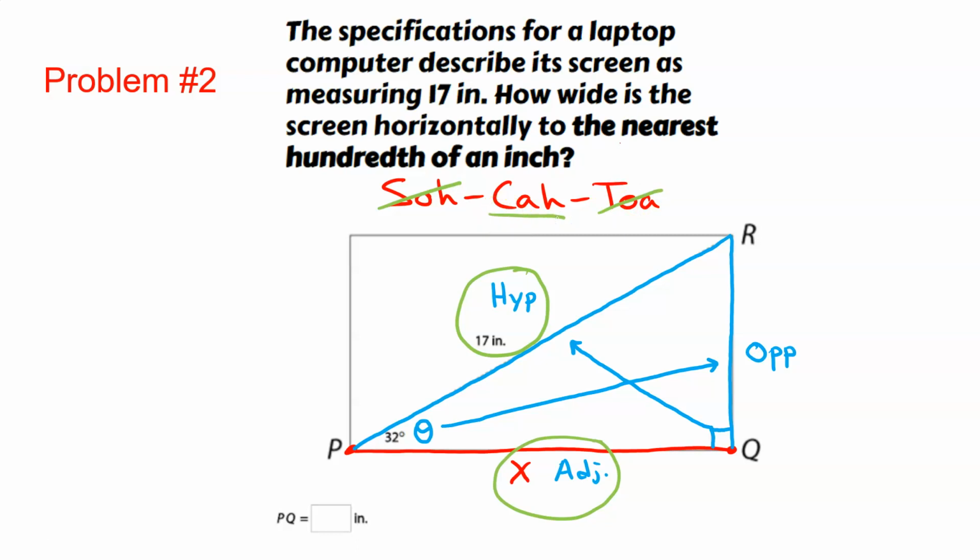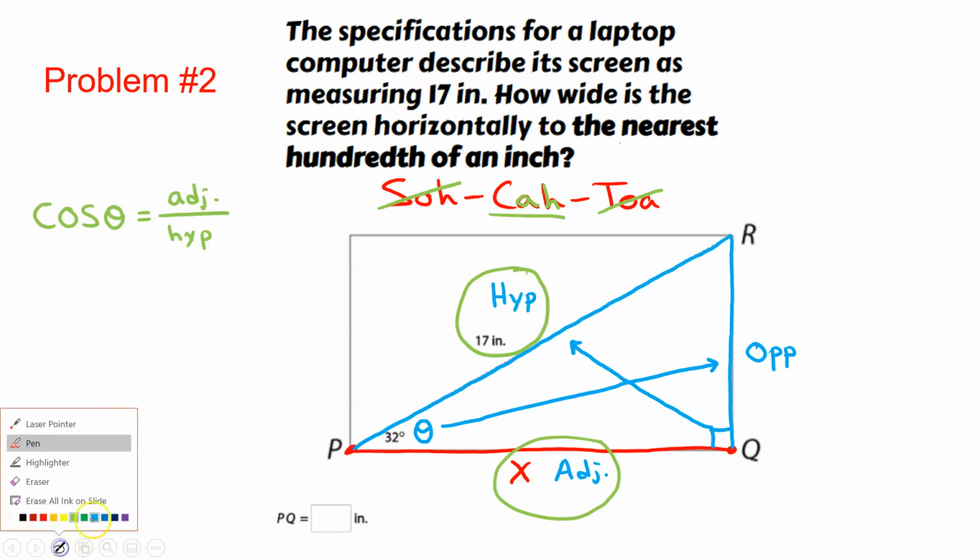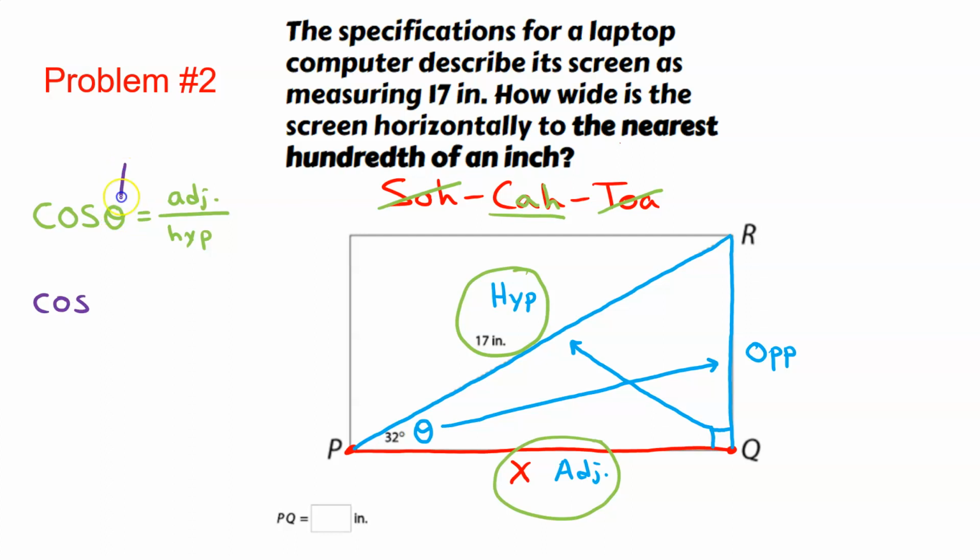All right, so what does that represent? Well, that's just a fancy way to remember that cosine of theta is equal to A, which is my adjacent, over H, which is my hypotenuse. Let's plug in everything that we know. So I'm going to write cosine, not theta anymore.